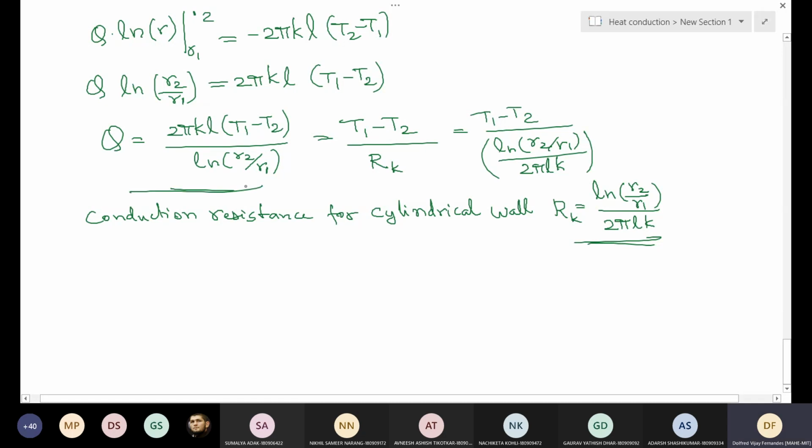So next, you need to find out the temperature profile. For that, we go back to the governing equation.